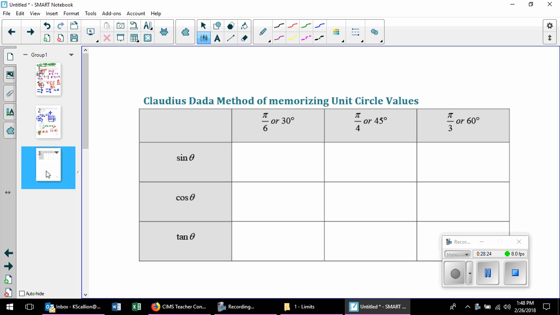I added this in because Mr. Dada taught me this way of remembering it, taped to my desk, so I thought I'd share it with you guys. What is sine? Sine is my y value of pi over 6.